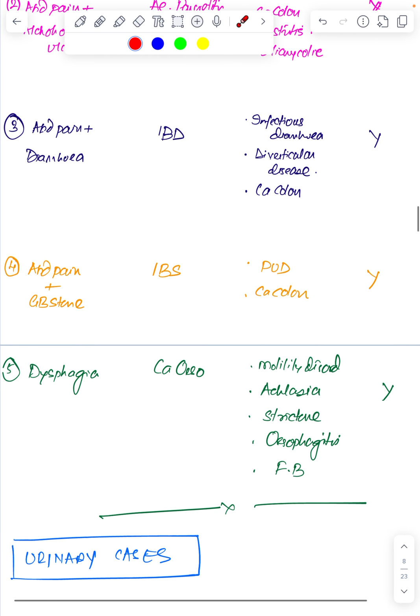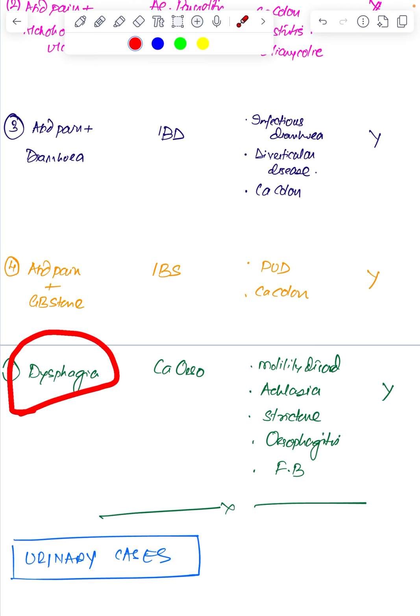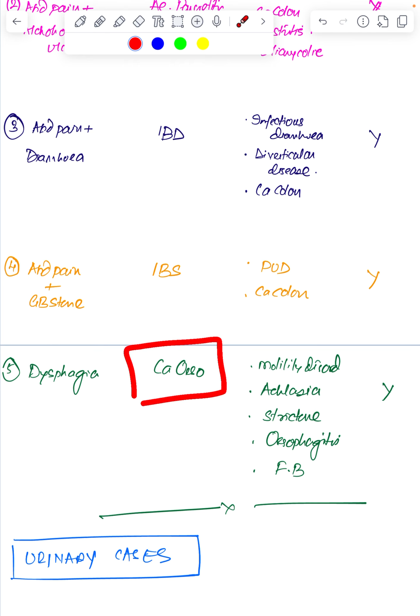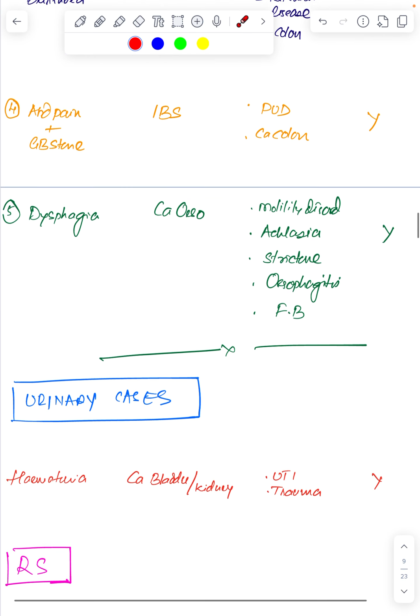Abdominal pain with gallbladder stone, again irritable bowel syndrome, peptic ulcer disease. Dysphagia, unable to swallow, history of something sticking inside while swallowing: suspect cancer of the esophagus; motility disorders, achalasia, stricture, esophagitis, foreign body. So this was about the GIT differential diagnosis.